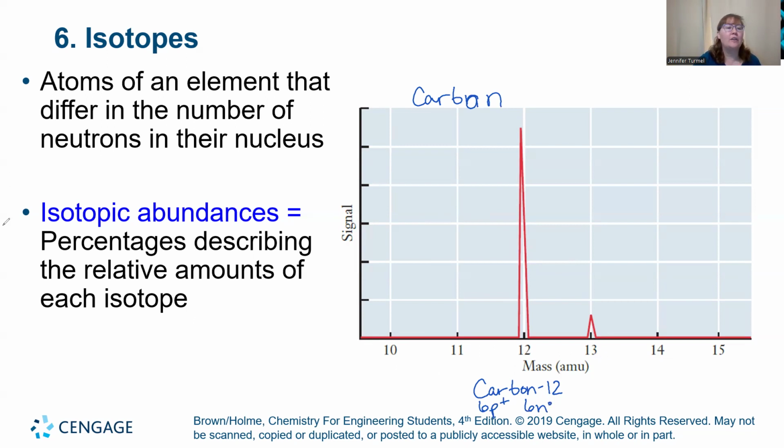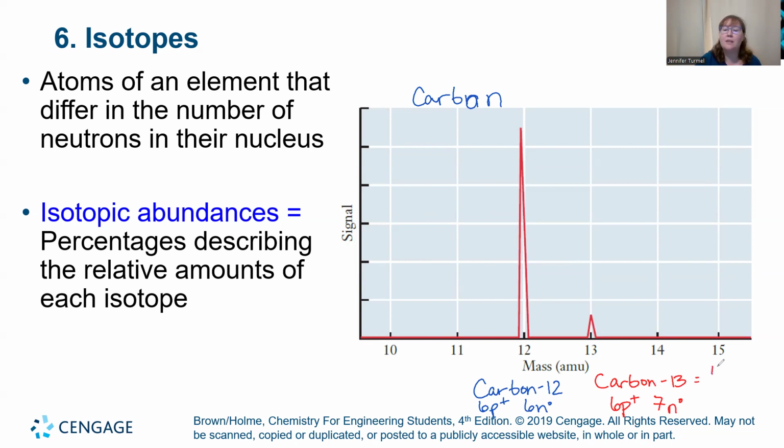And then right over here, you can see that carbon 12 takes up almost all of our carbon, but right here, you can see carbon 13. And carbon 13 has 6 protons because the number of protons never changes. That's always exactly the same. This has 6 protons and 7 neutrons. And that's because this 13 here is the mass number.